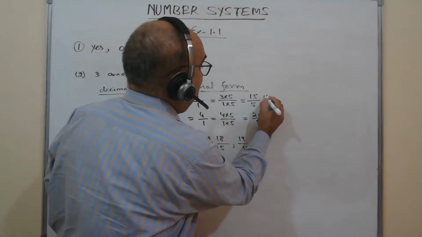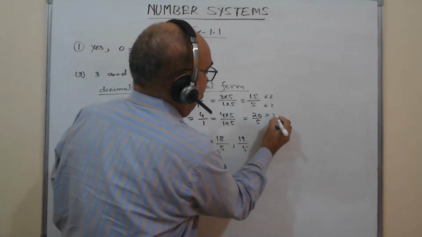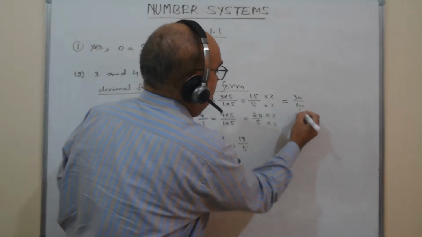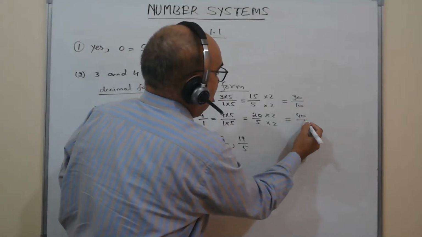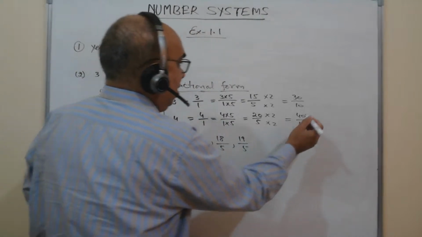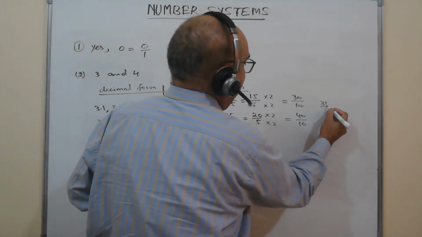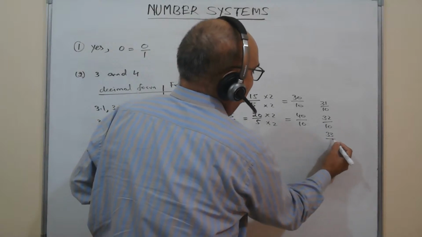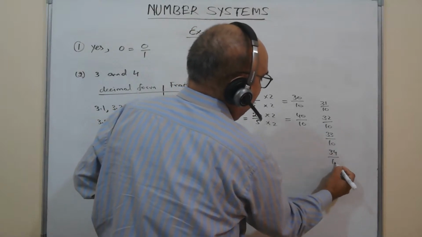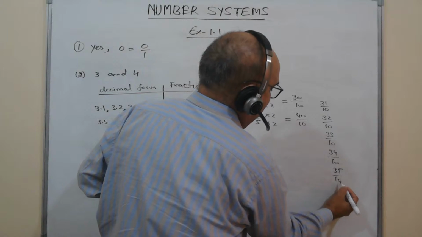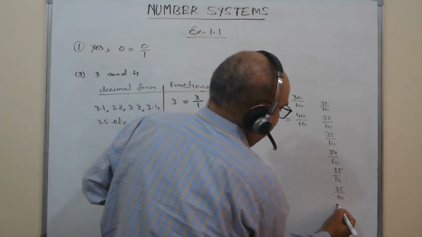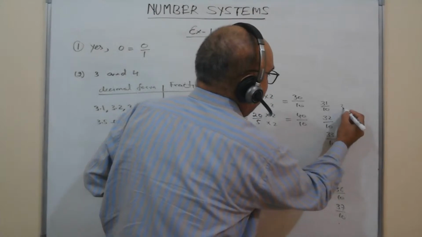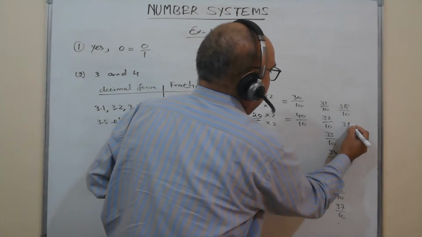Suppose you multiply by 2, then here 30 by 10, here 40 by 10. Then in this case, you can write 31 by 10, 32 by 10, 33 by 10, 34 by 10, 35 by 10, 36 by 10, 37 by 10, 38 by 10, 39 by 10.